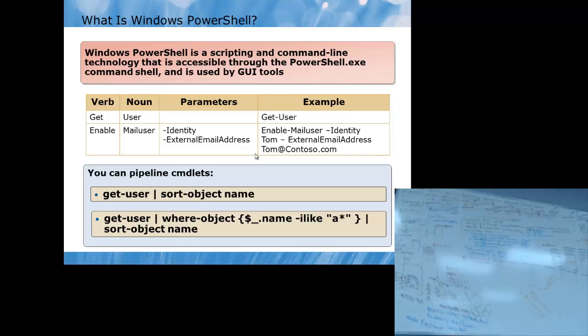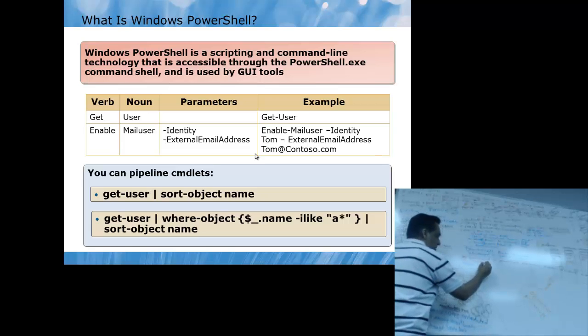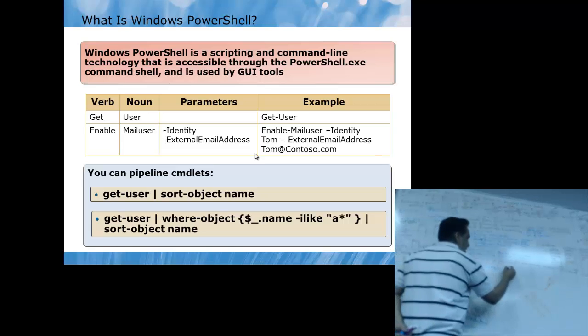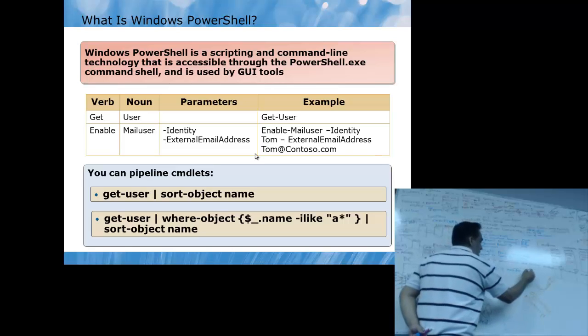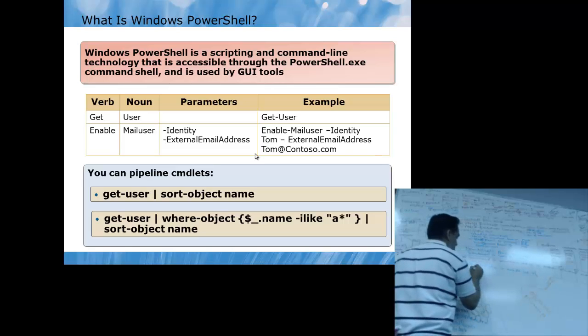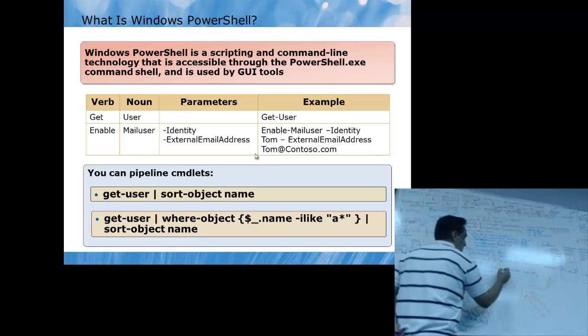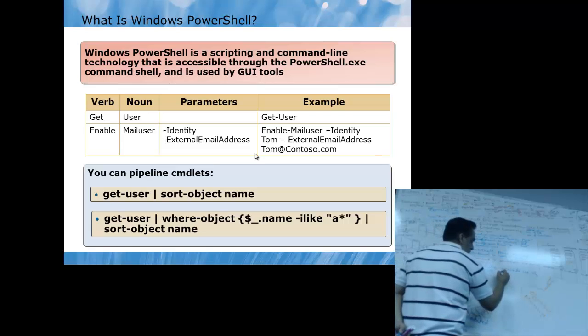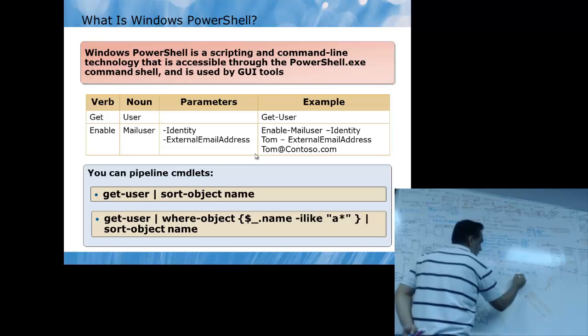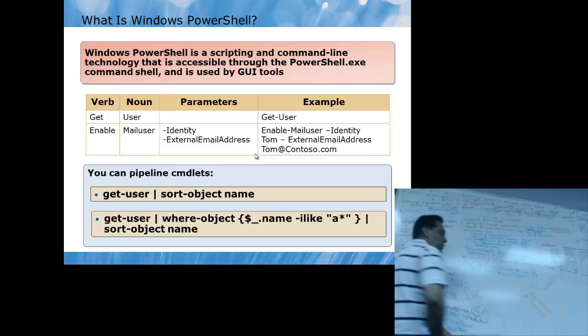Now here, each commandlet is made up of two parts, a verb and a noun, separated by a hyphen, a dash.